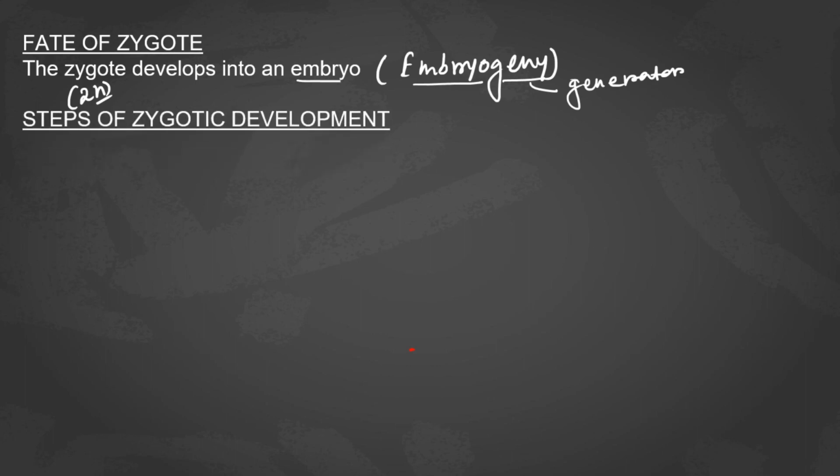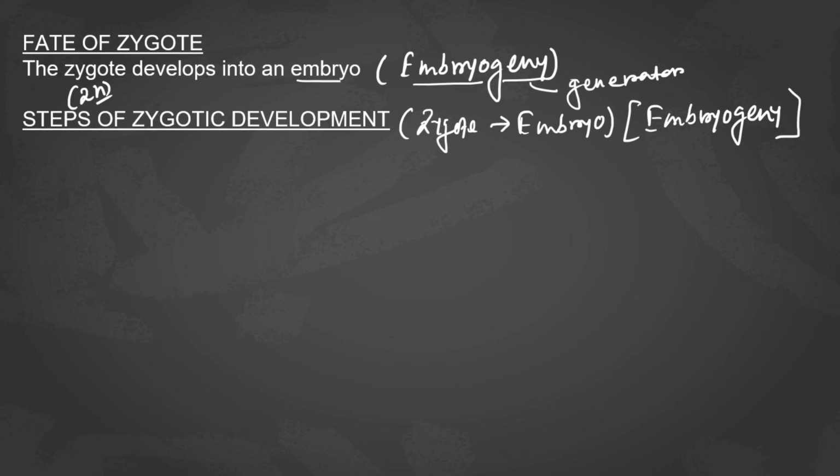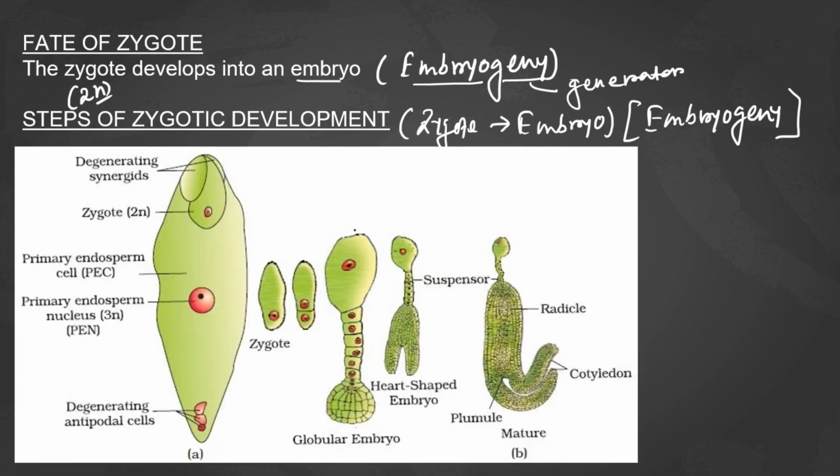Now, what are the processes involved in the zygotic development? That means what are the processes by which the zygote will be converted into embryo, or also we can write, what are the processes of the embryogeny. So let's learn the process of the embryogeny with the help of a picture. So this is the picture.